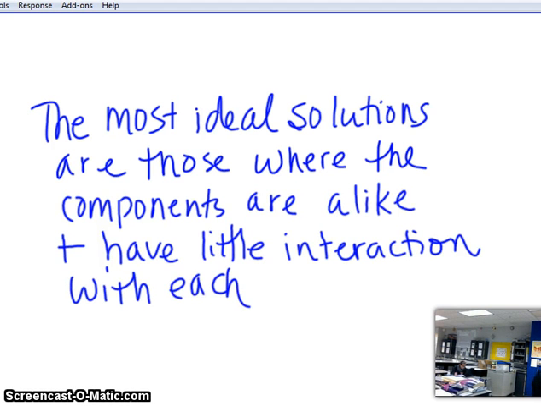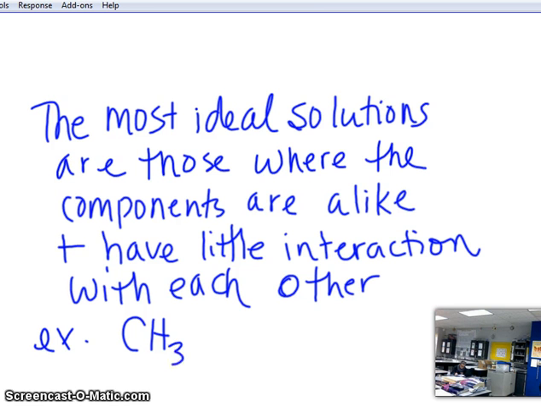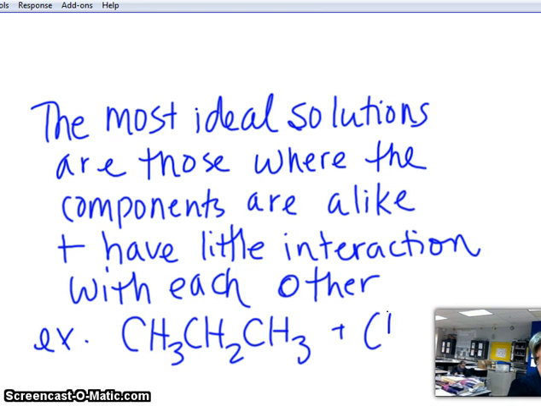And that's typically two hydrocarbons. Because nonpolar molecules have the weakest interactions. So if you have two large nonpolar molecules mixing in the liquid phase, they're most likely to behave more ideal than any other type of solution.